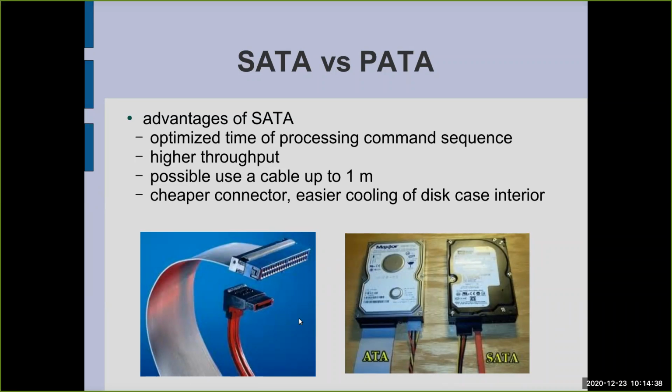Here we have only 7 lines. And even though we have fewer lines, the interface is cheaper. The throughput is significantly higher.